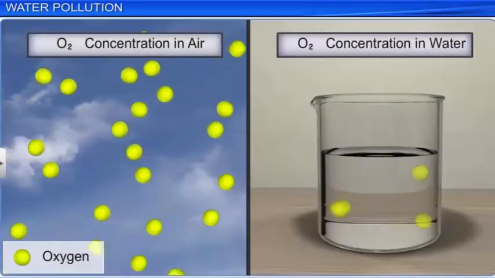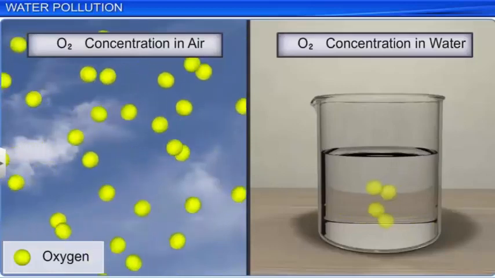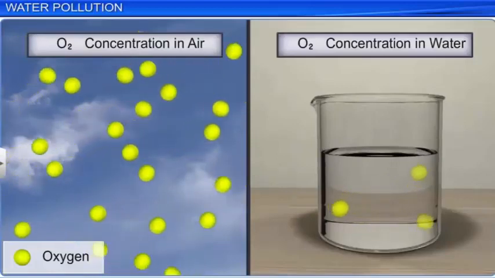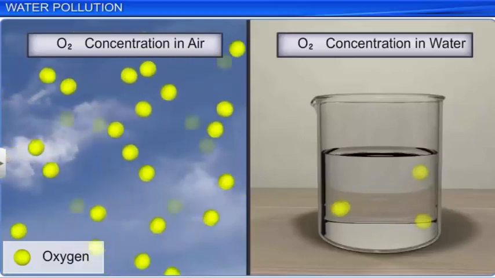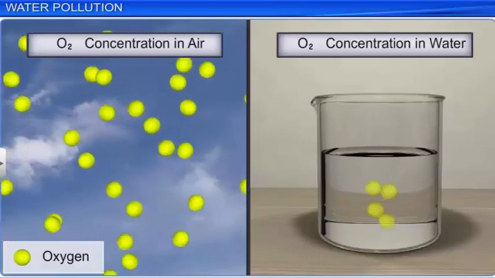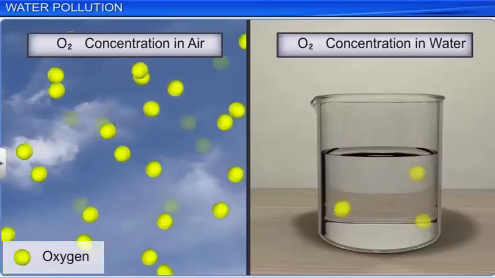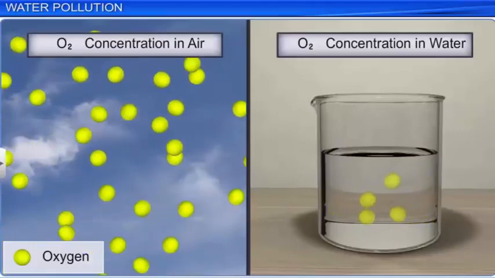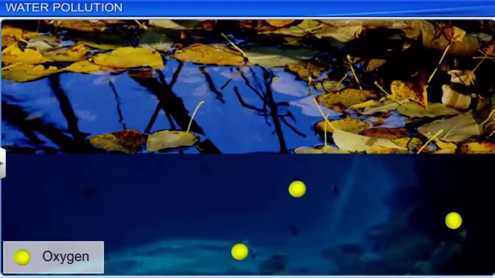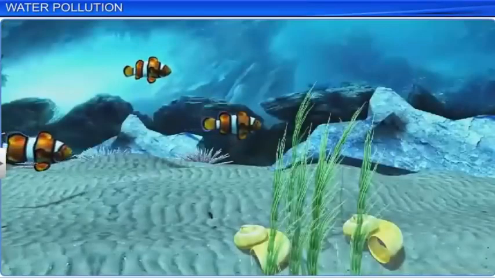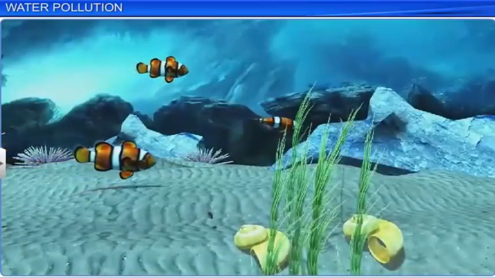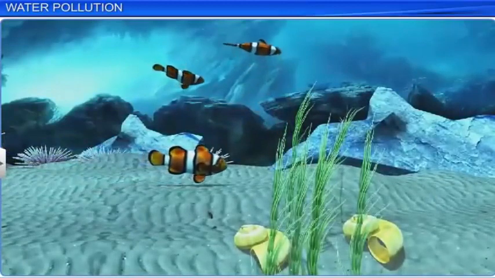As the concentration of oxygen in water is very less as compared to that in air, even a little amount of oxygen consumption can cause oxygen depletion and adversely affect the dependent aquatic life. Therefore, when a large amount of organic matter gets added to water, it depletes the oxygen in it rapidly, causing death to the dependent aquatic life.